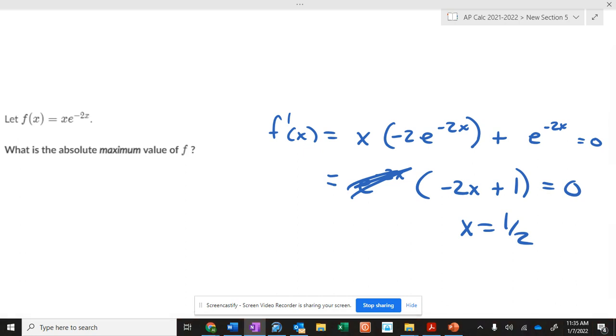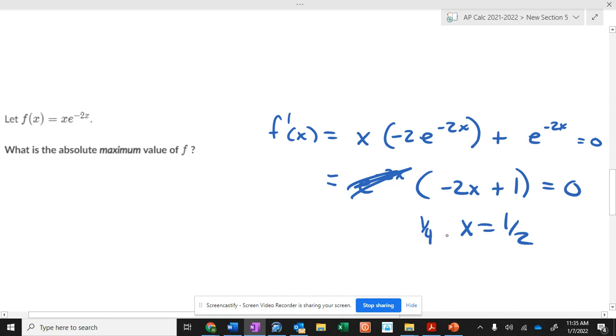Is x equals 1/2 a minimum or a maximum? How do we check that? Put a number on each side of it into the first derivative.